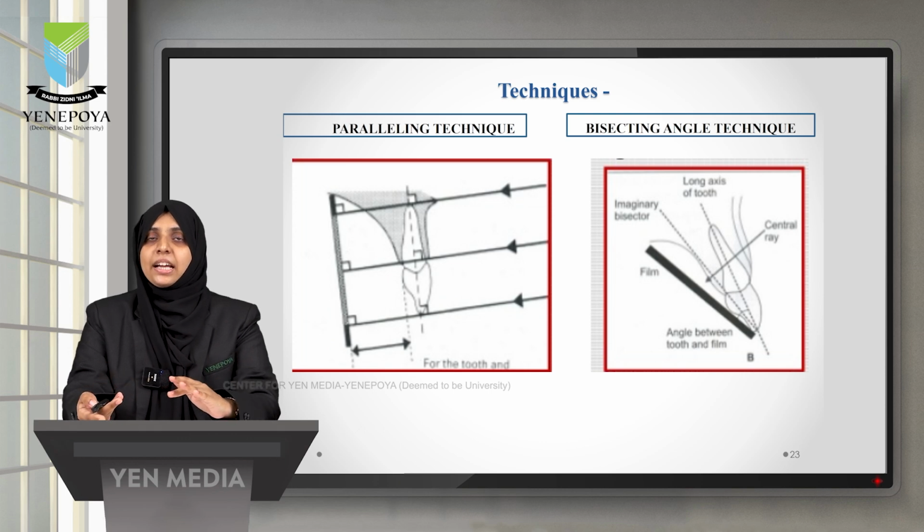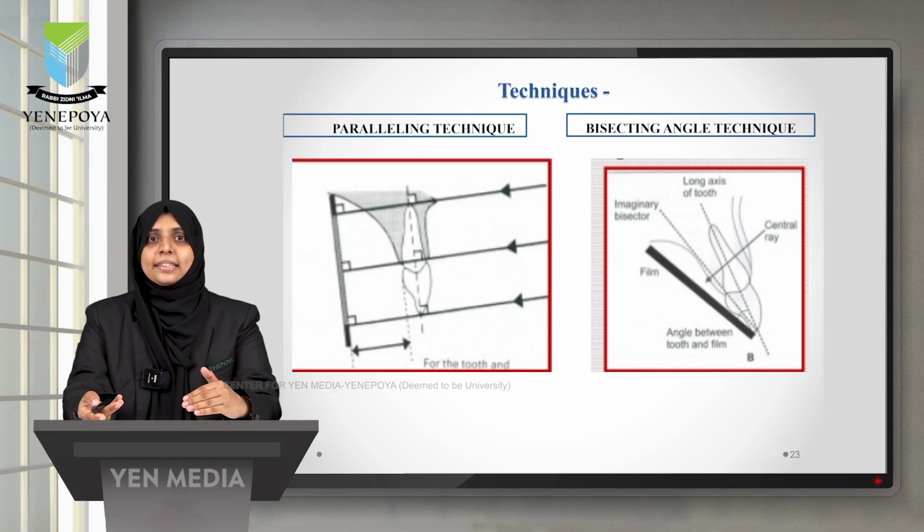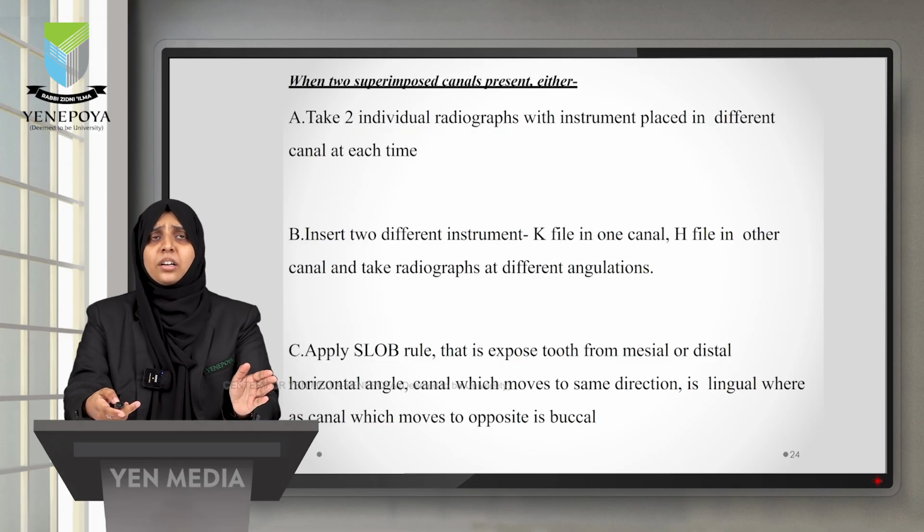Whereas in the bisecting angle technique, the receptor is placed as close to the tooth as possible, and the central ray is passed perpendicular to the line bisecting the tooth and the receptor. It was found that the paralleling technique was more effective because it was parallel and there was no image distortion.